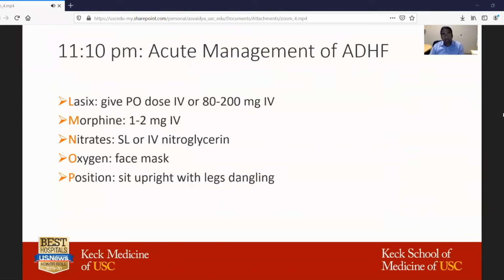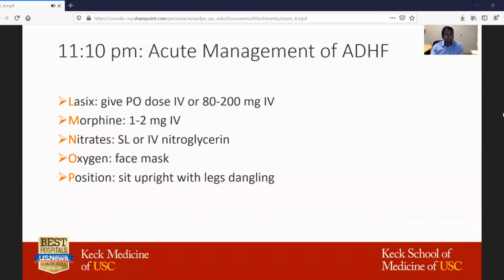If they're on 40 PO daily of Lasix, you put them on 40 IV to start, or you can just give them a higher dose, either 80 IV BID or whatnot. You can give them morphine for symptom relief and reduction of preload and sympathetic drive, nitrates, oxygen, and position them upright with their legs dangling to help further reduce preload.